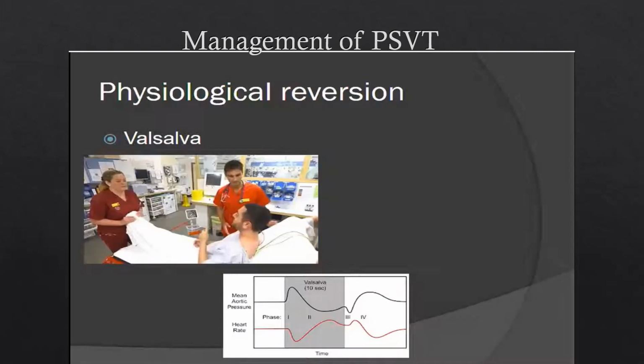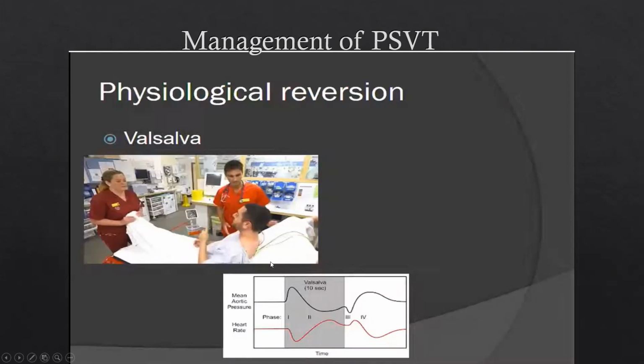Both are effective, and this works with an extra squeeze of the heart, and the pathophysiology works whereby the heart increases the cardiac output and increases the carotid baroreceptor stimulus, which increases the blood pressure.